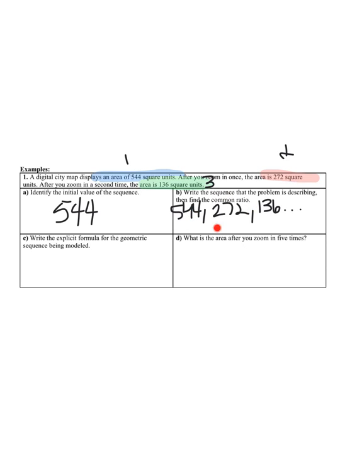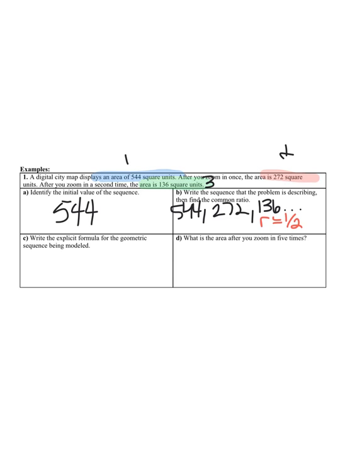So I can do multiple things. I can take 272 and divide it by 544 to find out what I am multiplying by each time. And I would see that if I did that, I would get a common ratio of r equaling 1/2. And I can check again. Is 272 divided by 2, or times 1/2, 136? Yes. So there's my common ratio.